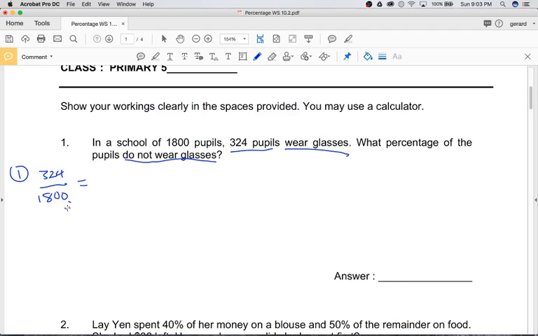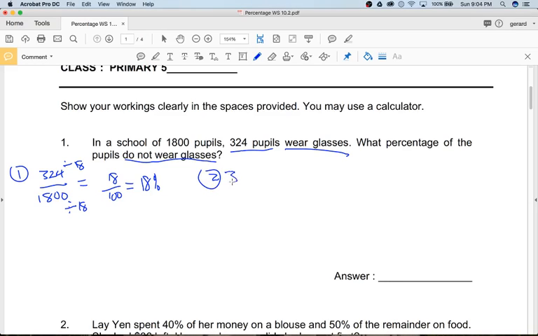So we divide the top by 18, and the answer would be 18 over 100. So this will become 18%.